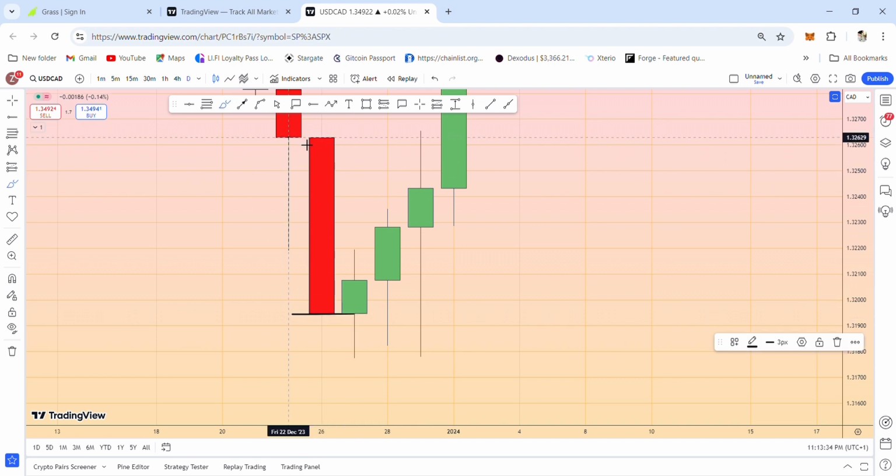It opens here. As you can see, there's no wick. This tiny stuff is not there. It just opened. Some candles don't have wicks, while some do. Candles without wicks are candles with pressure, either bullish or bearish pressure. As you can see, it was selling, so it's just selling without wicks. It opens above and closes below, no wicks. So this is a bearish candle because the opening price is higher than the closing price.